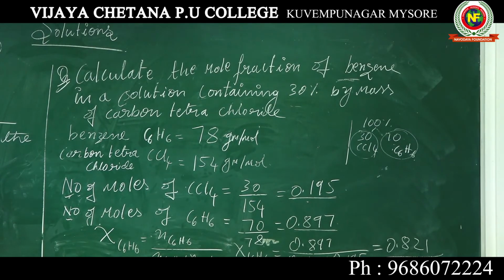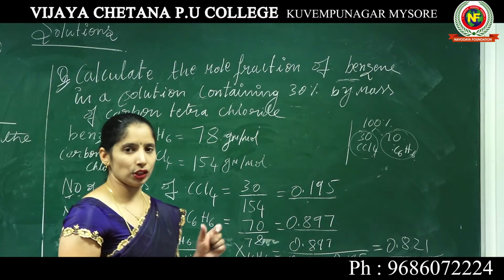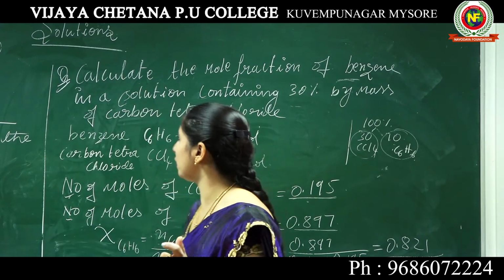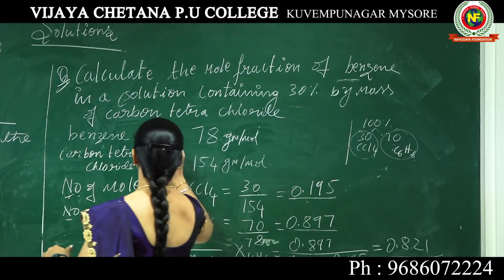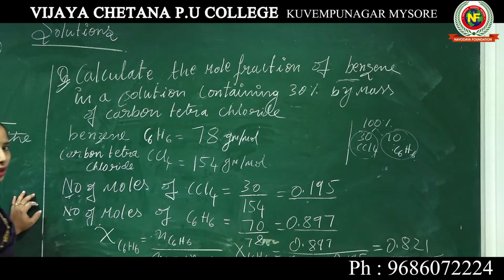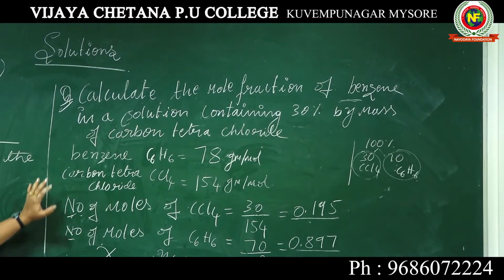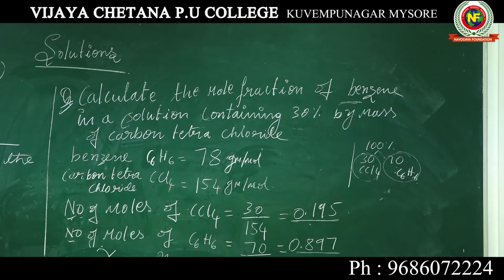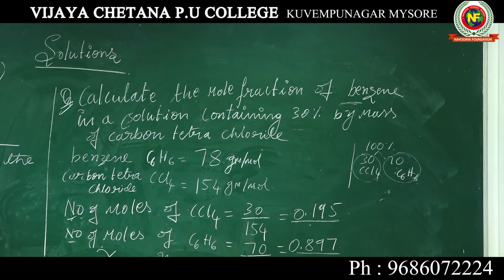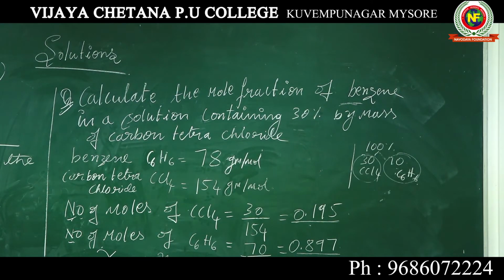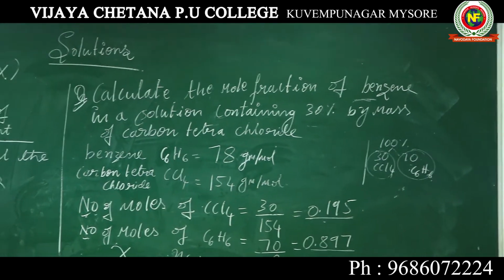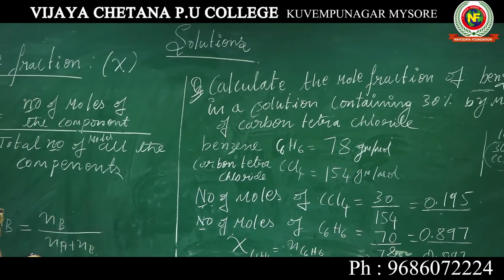So this is how we find it if they ask a question like this. It is very easy. But before that we have to find the molecular mass. Without the molecular mass, you can't do this problem. This is one way to express the concentration of a solution, that is mole fraction: the number of moles of a component by the total number of moles of all the components.